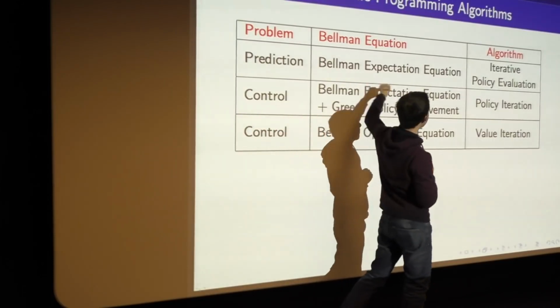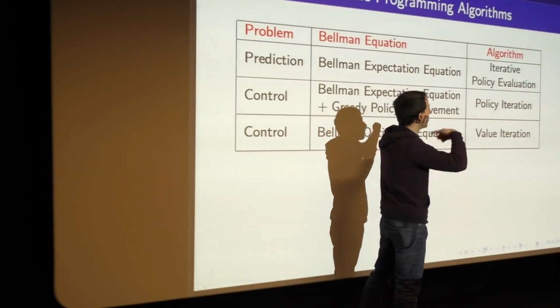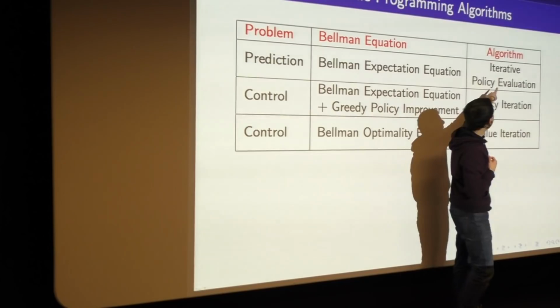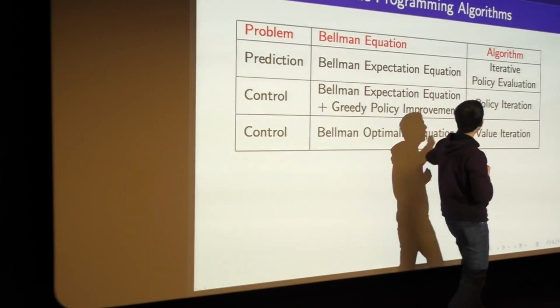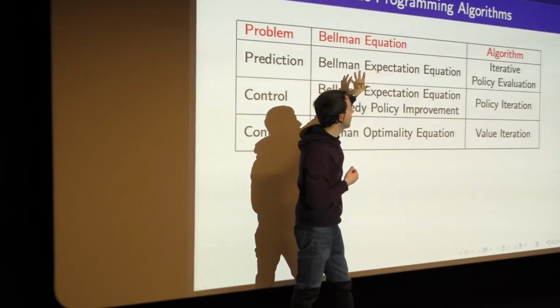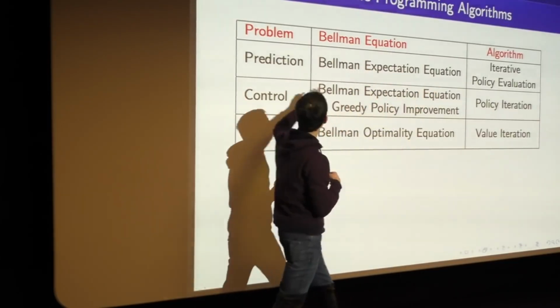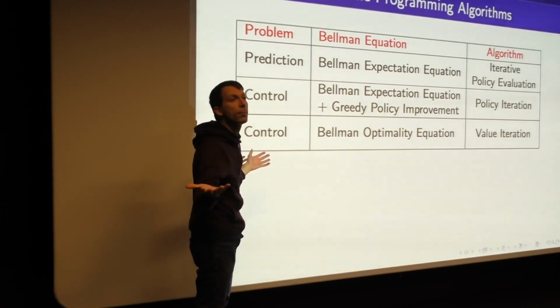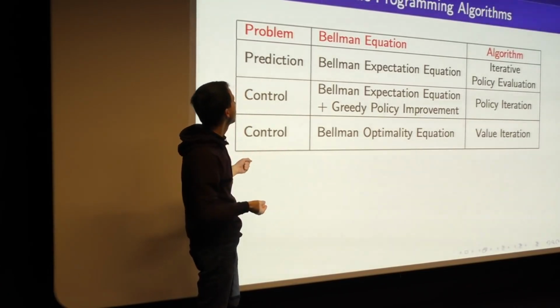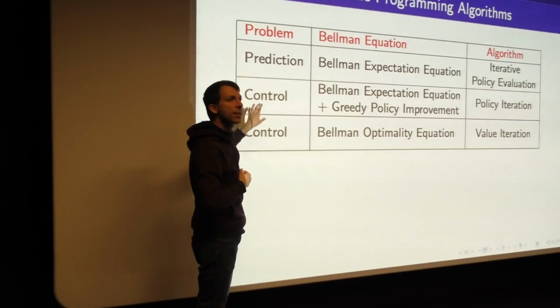If we take that Bellman equation and turn it into an iterative update, we end up with iterative policy evaluation, which was the first part of today's class. So you take the Bellman equation, you iterate it, and it gives you V pi, which tells you how much juice you're going to get from some given policy.